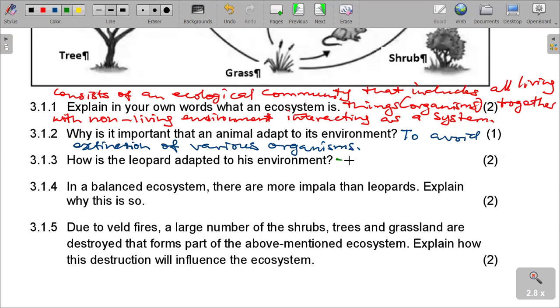One, it blends into the environment due to its colors. And again, this helps it to hide away from its prey.